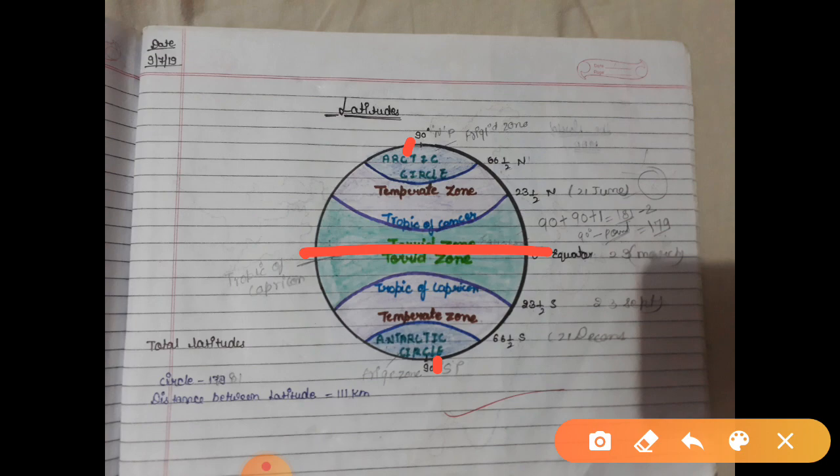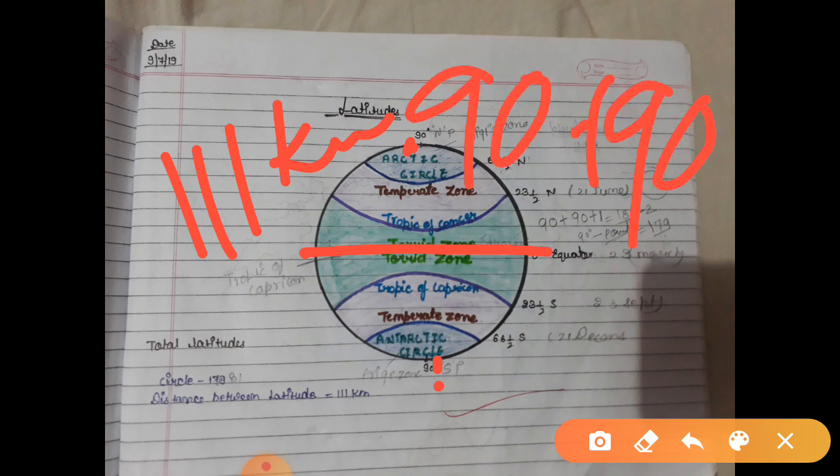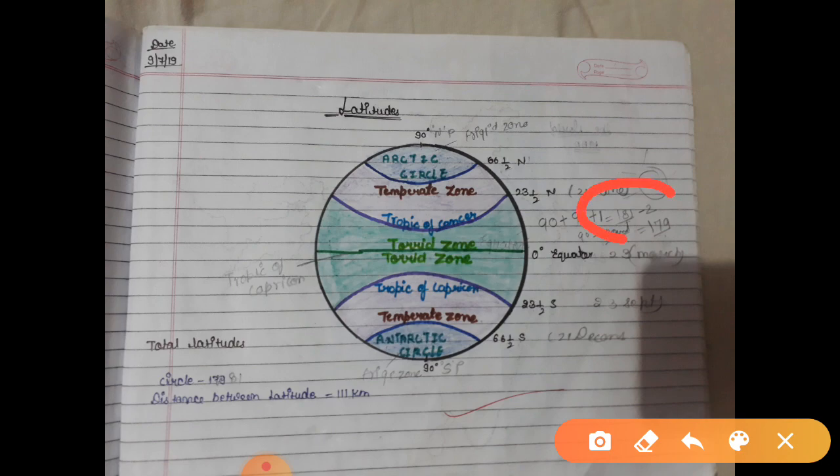The difference between two latitudes is 111 kilometer. The total number of latitudes is 90 plus 90 and this 0 degree, 1. So it will be 181, as I explained in the earlier video also.